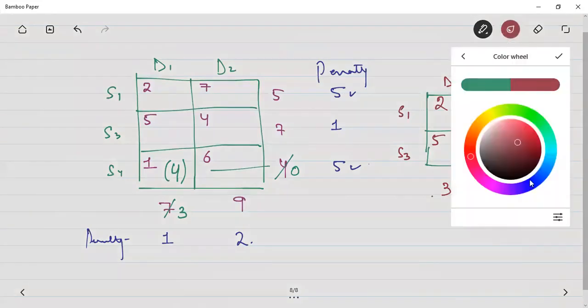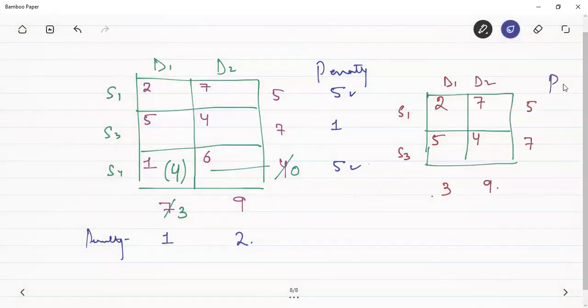Okay, now we again need to calculate the penalties. The penalty here will be 5 minus 2, that is equal to 3. This will again be equal to 3.